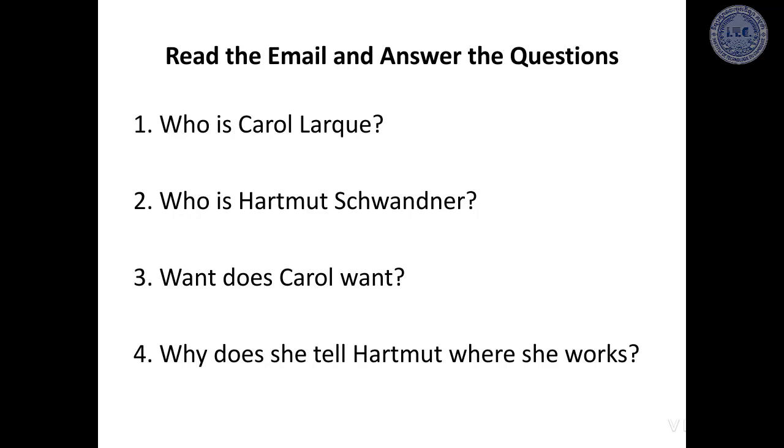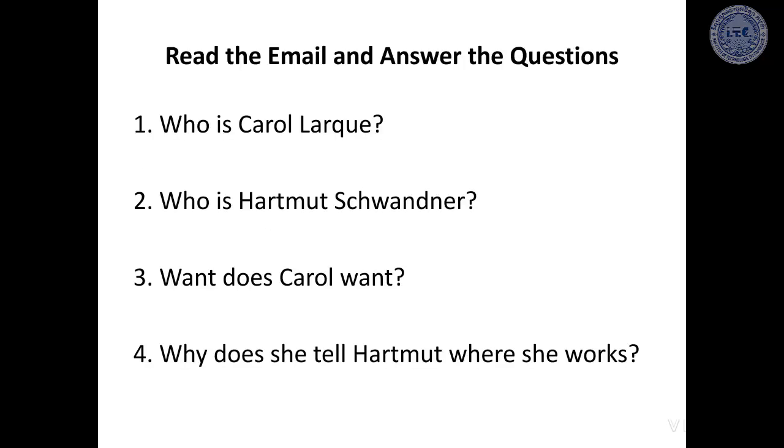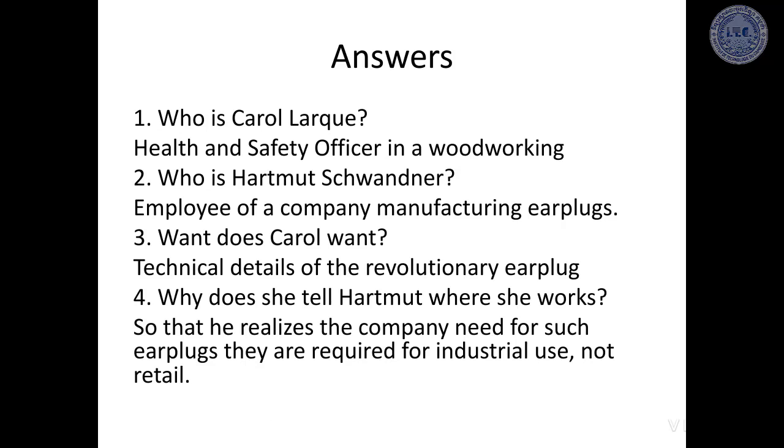And the last question, why does she tell Hartmut where she works? Now let's read the sample email one more time. Alright, so here are the questions and the answers. So you can check the answer with me right now.